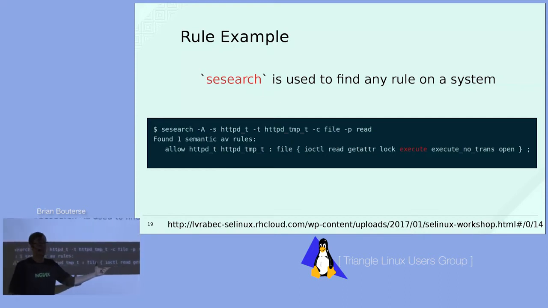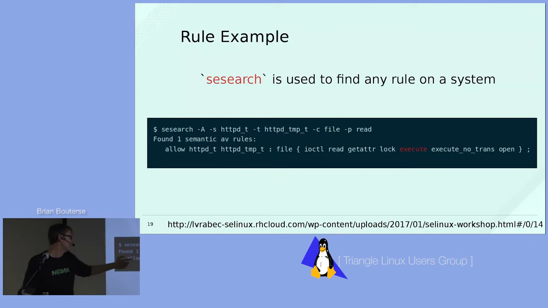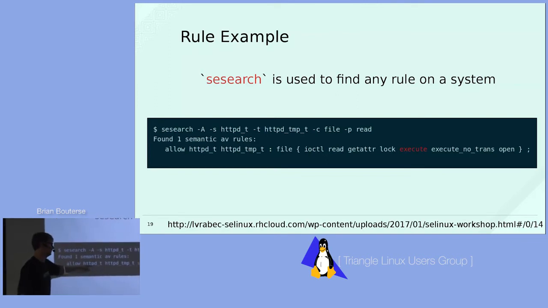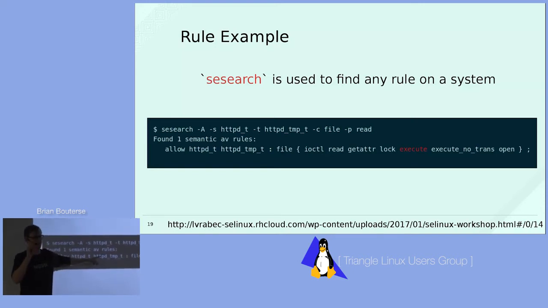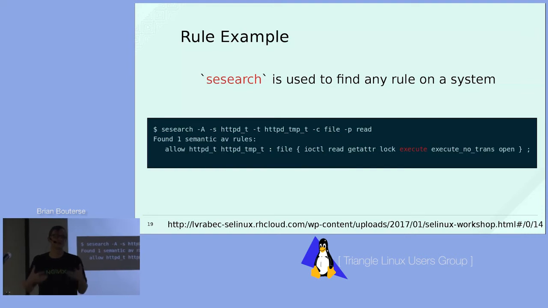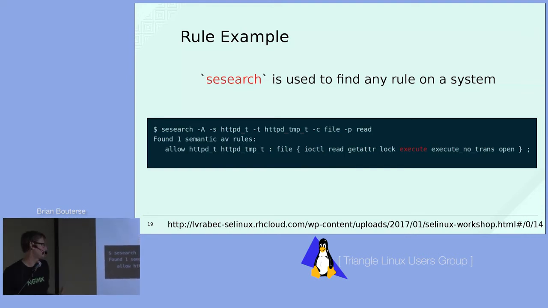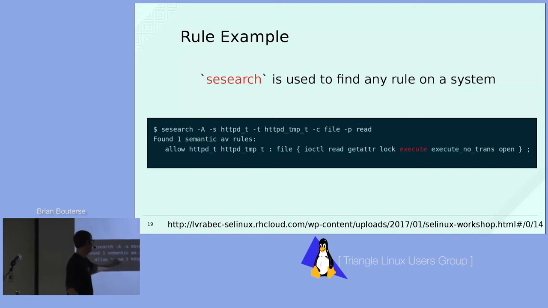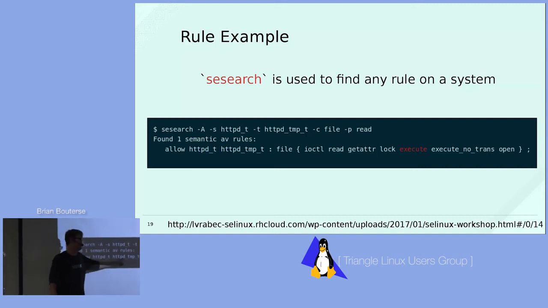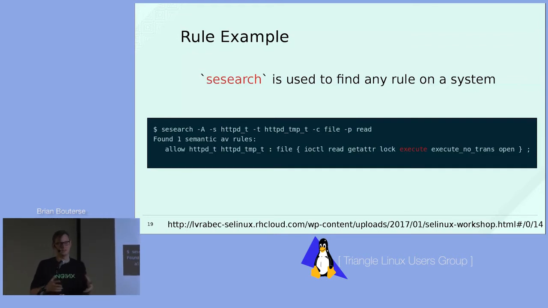Those are all the operations that are allowed when a process with this label is trying to do one of those to a file with this label. And so when HTTPD loads its policy into SELinux, it's defining the httpd_t process type. It's defining file system contexts, and it is applying those labels onto the different areas of the file system that HTTPD wants to interact with. And that's a look at sesearch, which you can use to learn more about your system.